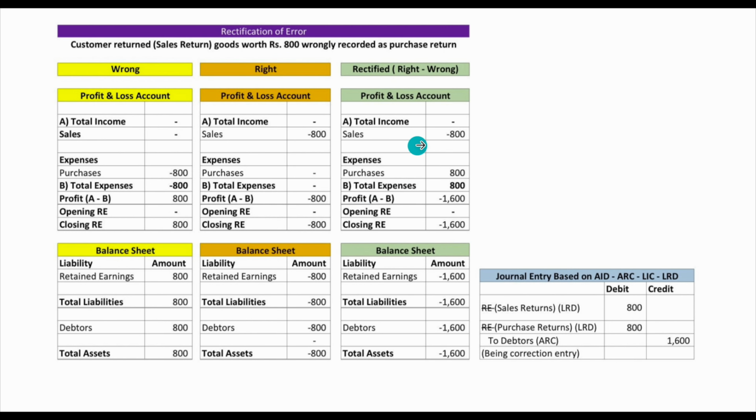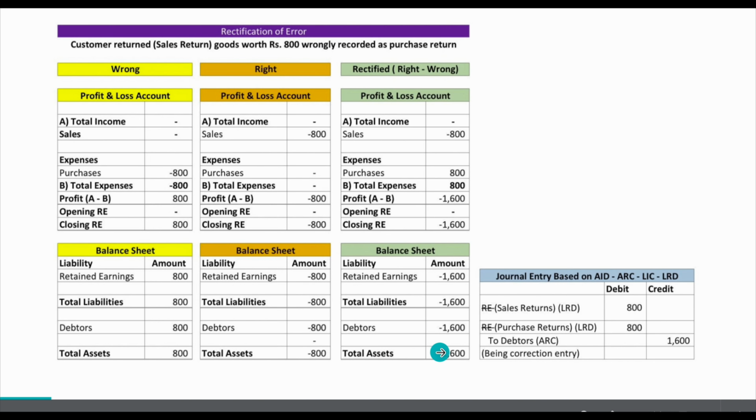Sales is minus 800, so profit, that is A minus B, is minus 1600. Opening retained earning is 0, so closing retained earning is minus 1600, which will be carried to the balance sheet liability side as retained earning minus 1600. So total liability is minus 1600, debtors minus 1600, and total asset is minus 1600, and thus our balance sheet tallies.